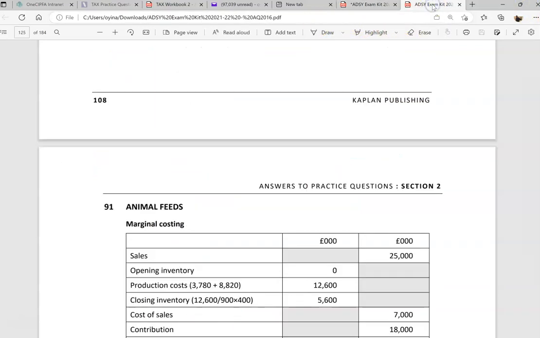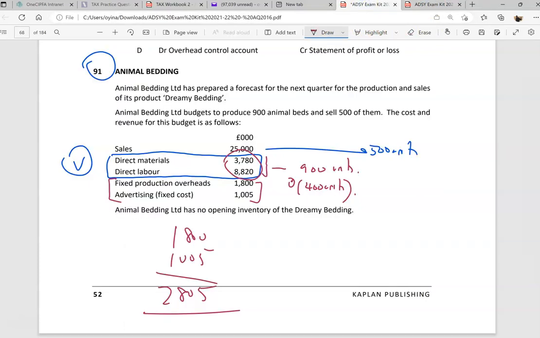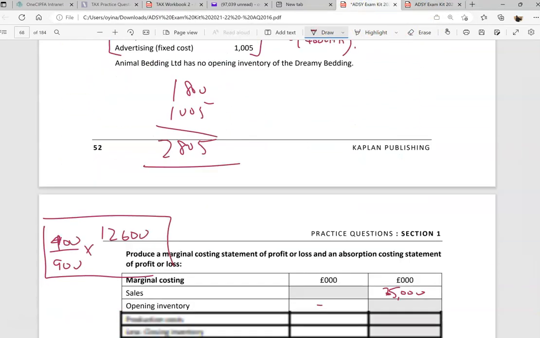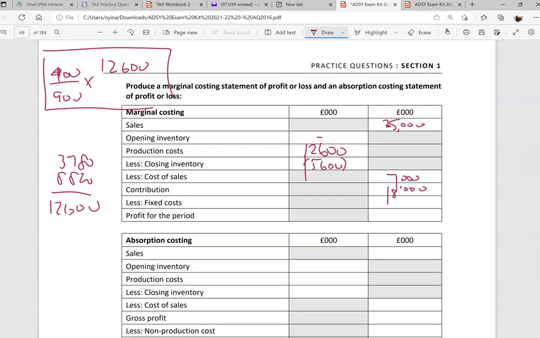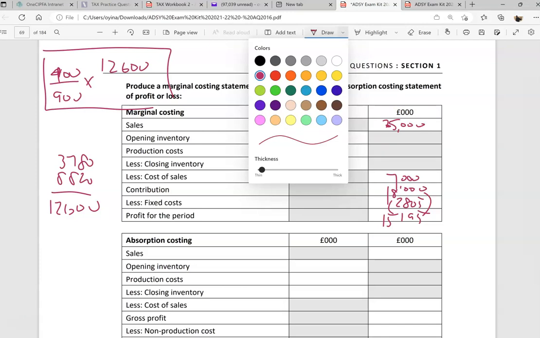So we have 2,805, and that leaves us with 18,000. Take away 2,805. That leaves us with profit of 15,195. Yes? Right.